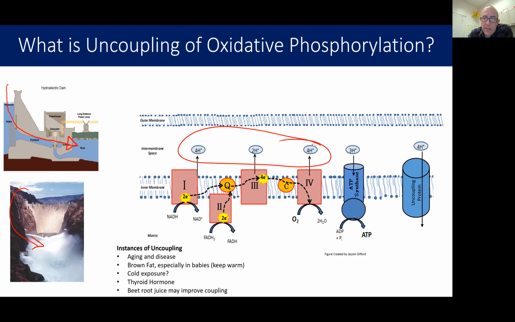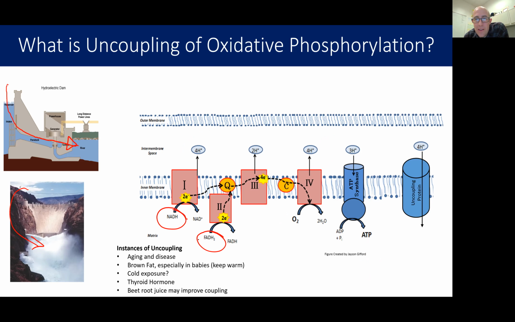Where do carbohydrates and fats come in? Well, those are our sources of NADH and FADH2. We're processing those and burning them so that we can get these NADs filled up with electrons to become NADH to provide electrons to the electron transport chain.